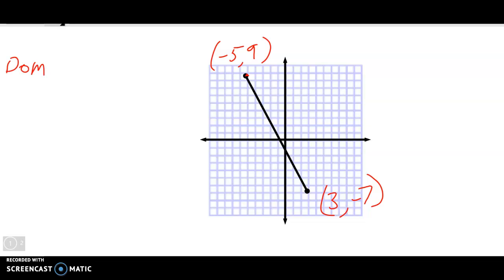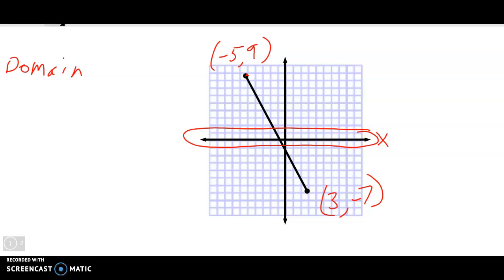Now remember, the domain is the x values. So when I talk about domain, I'm talking about the horizontal axis, the x-axis. So all the values that are on that particular axis are the only ones that I'm concerned with.